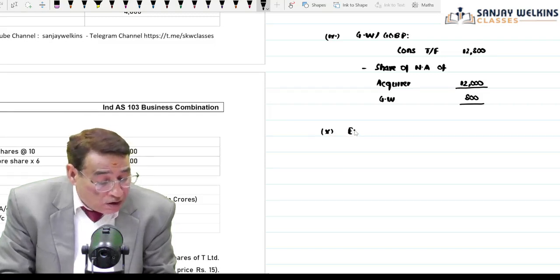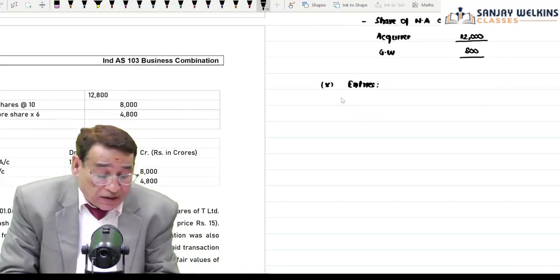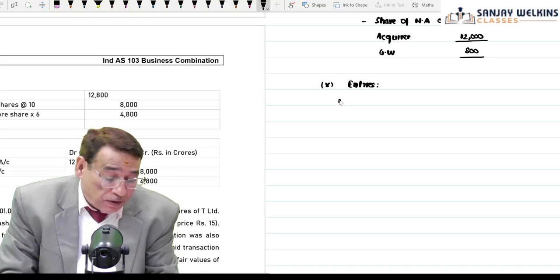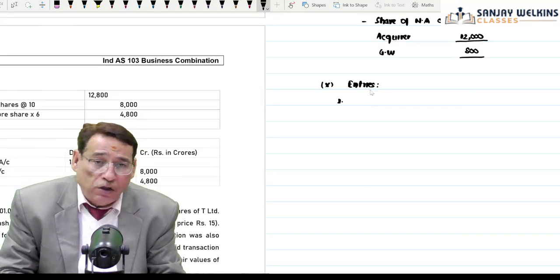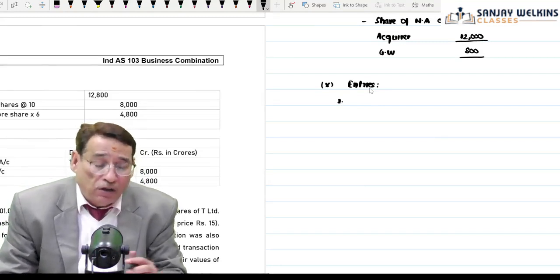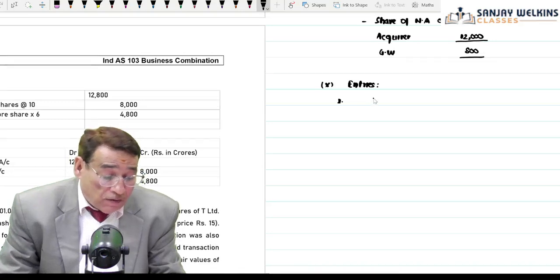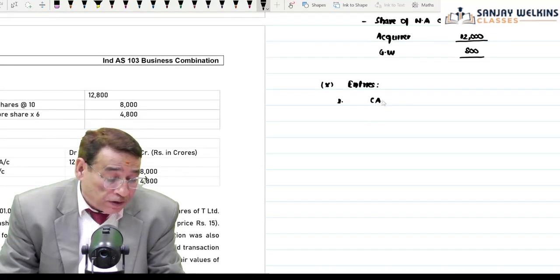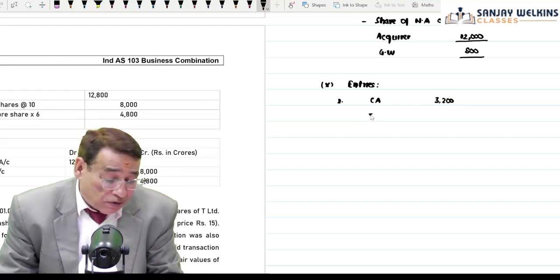Entries. On the date of acquisition, now you will have to pass the entries. In order to pass the entry, first of all, you will take over all the assets and liabilities. Correct? I have already told you all the assets and all the liabilities will be recorded at fair value. So you will write here all the assets which you have taken over. For instance, you have taken over current asset and the fair value of the current asset is equal to 3,200. Similarly, you have taken over investment.